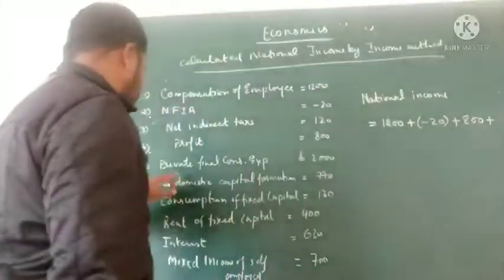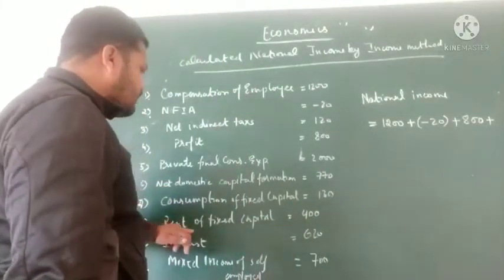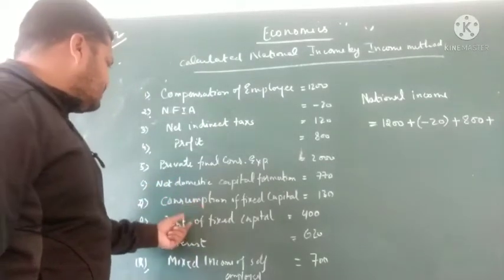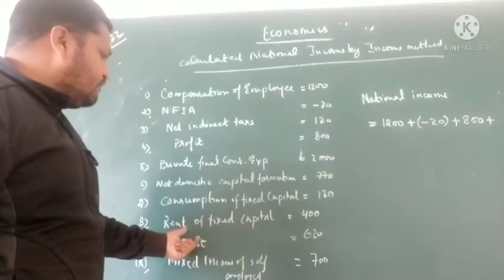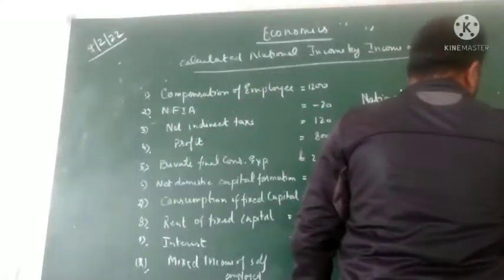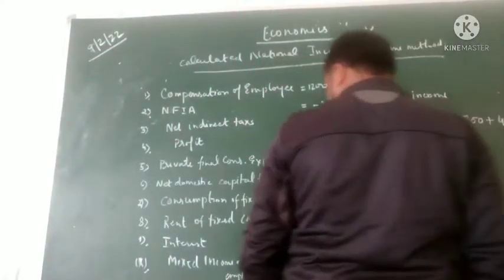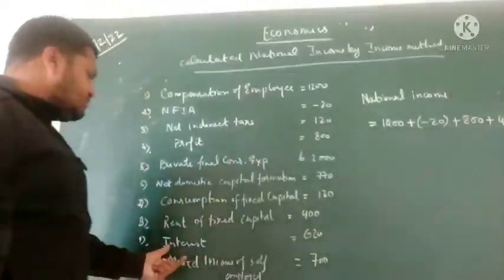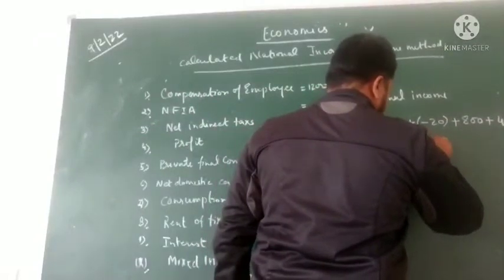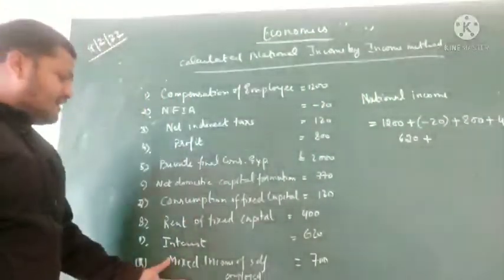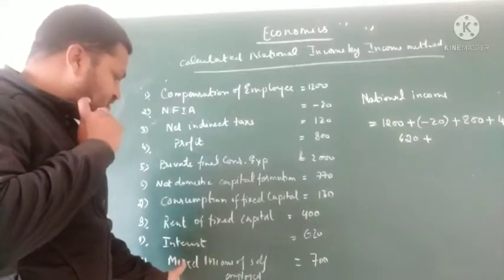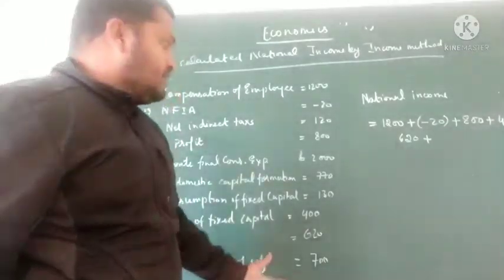After that we can see the rent, net domestic capital formation, and consumption of fixed capital, but we have to take the rent, that is 400. Then we take the interest, also 620, and at last the component given is mixed income of self-employed, that is 700.